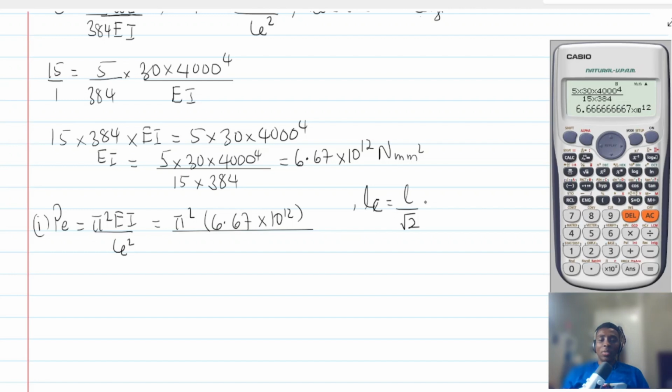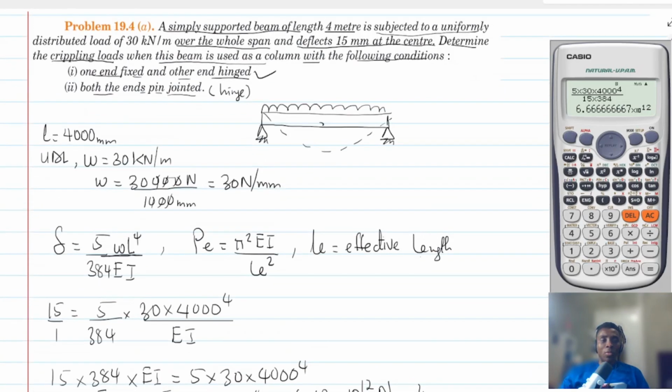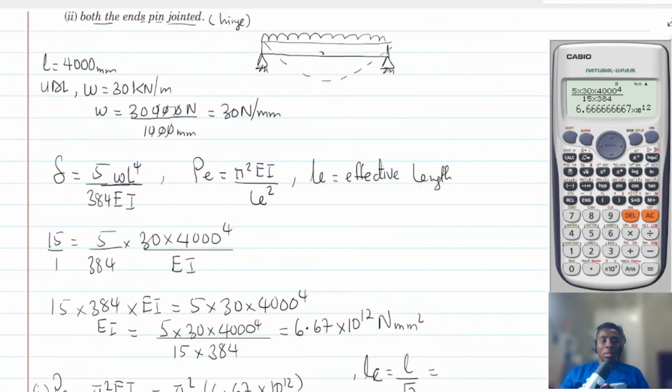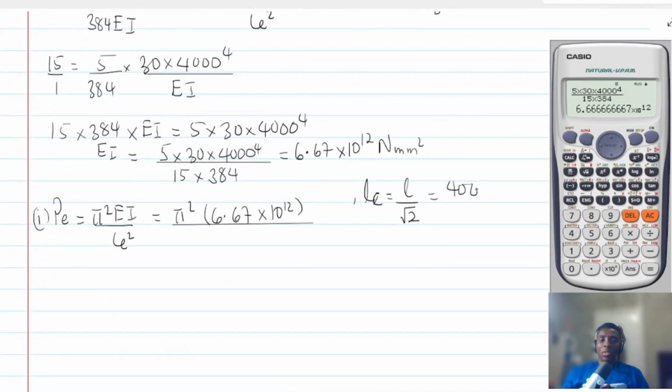So let's do that. The length of this beam is 4,000, so it's going to be 4,000 divided by the square root of 2, and that will give us the effective length. That's 2828.427 millimeters, and that's what comes here.